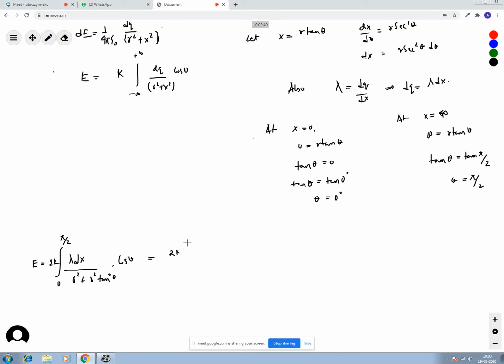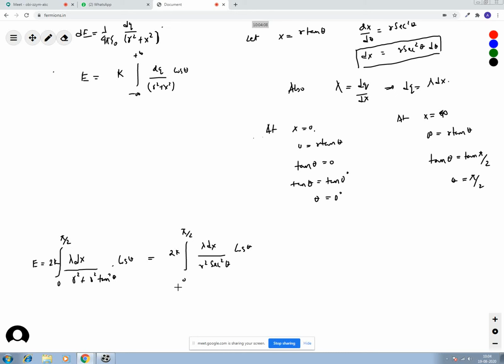So that implies 2k integral from 0 to pi by 2 of lambda dx by r square plus r square tan square theta, which gives me r square sec square theta. But this is lambda dx, so what do we have to change? Dx is r sec square theta.